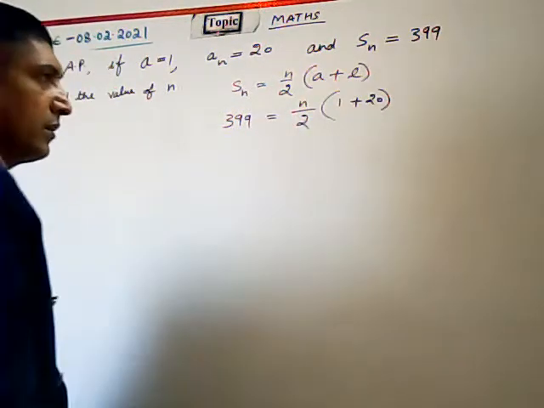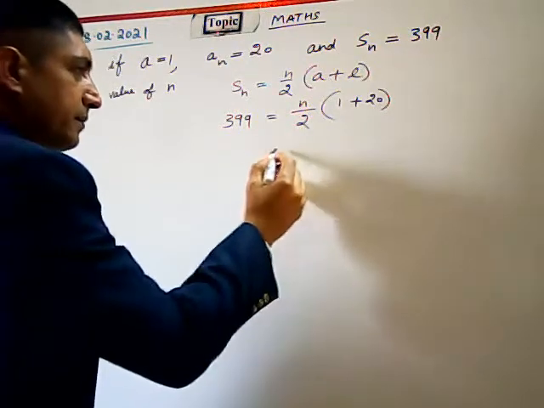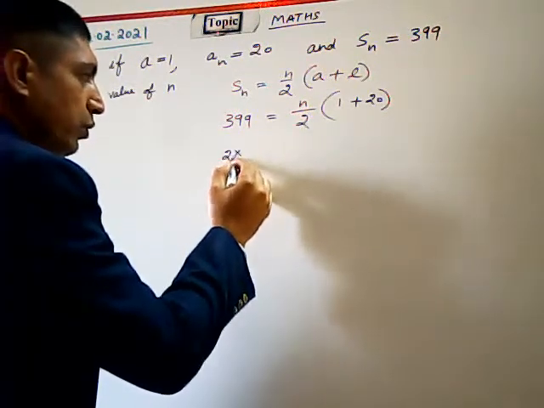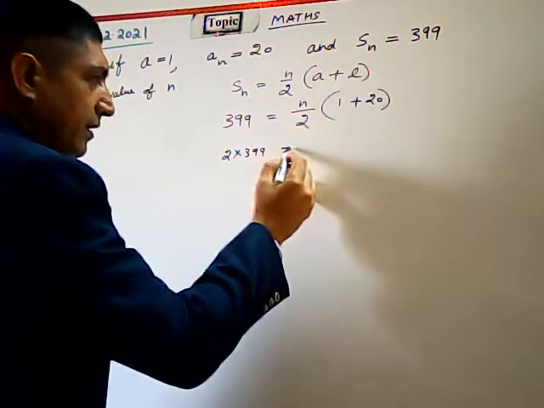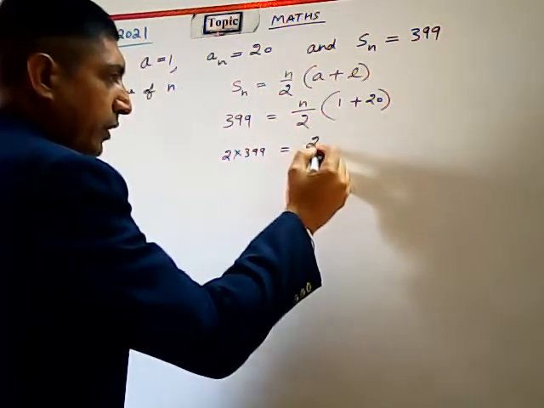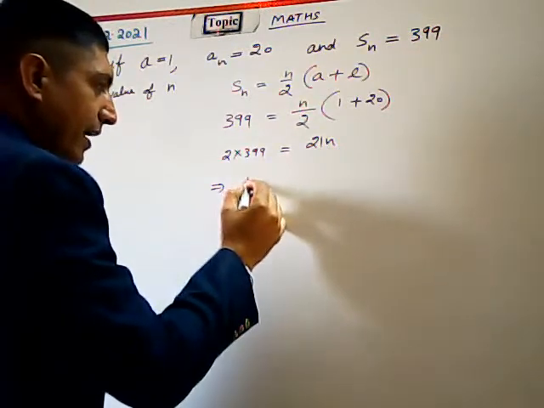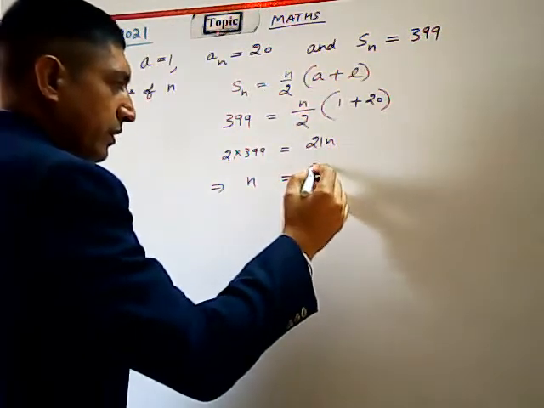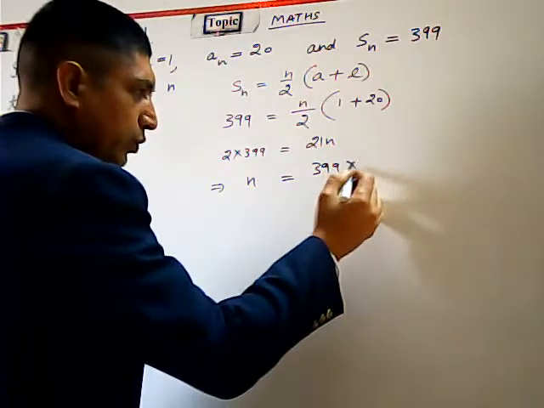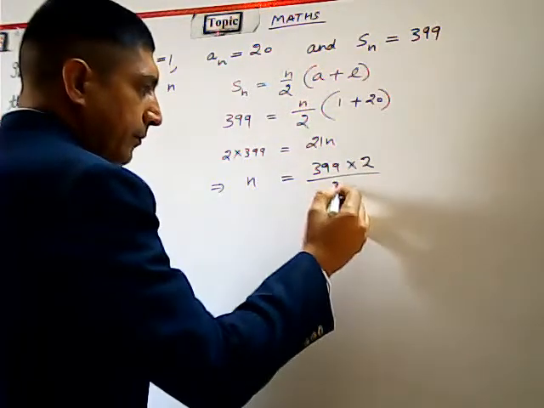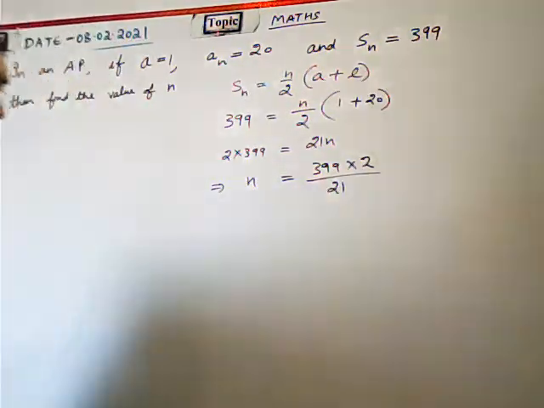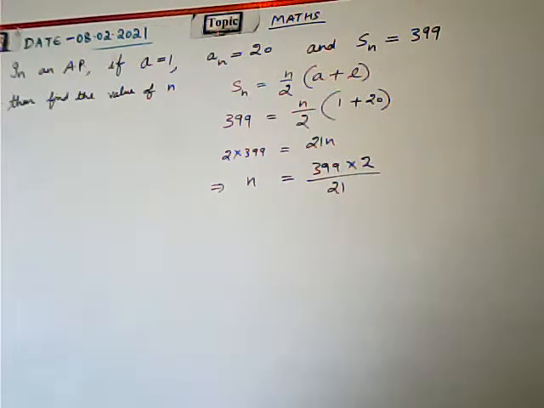So we have 2 into 399 is equal to 21n. So n is equal to 399 into 2 by 21.